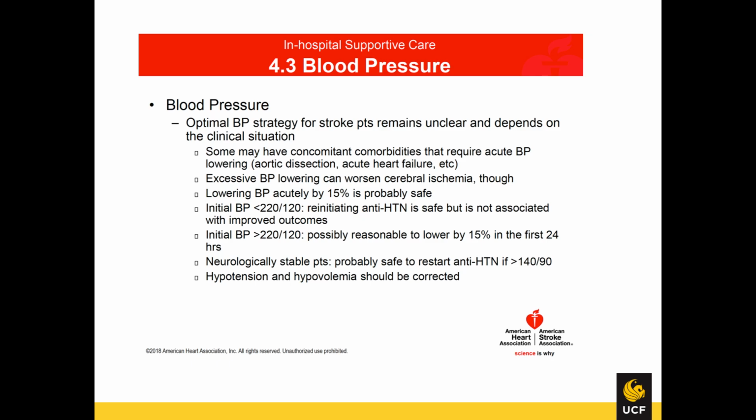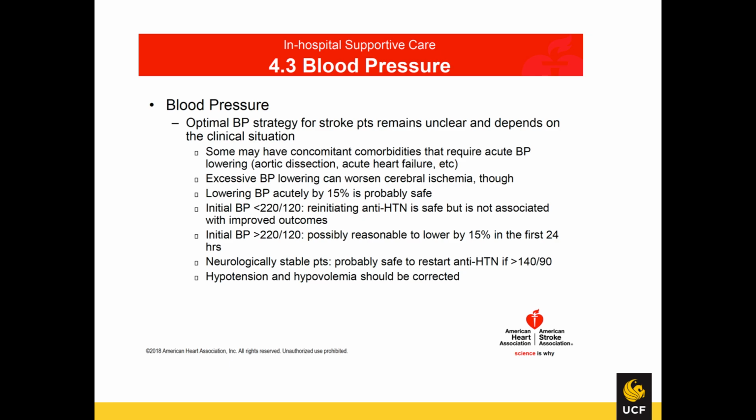Blood pressure, we already kind of talked about this, but there are some concomitant comorbidities that require acute blood pressure lowering. We'll talk about those when we talk about specific diseases like aortic dissection. Excessive blood pressure lowering can worsen cerebral ischemia. Lowering blood pressure acutely by 15% is probably okay.